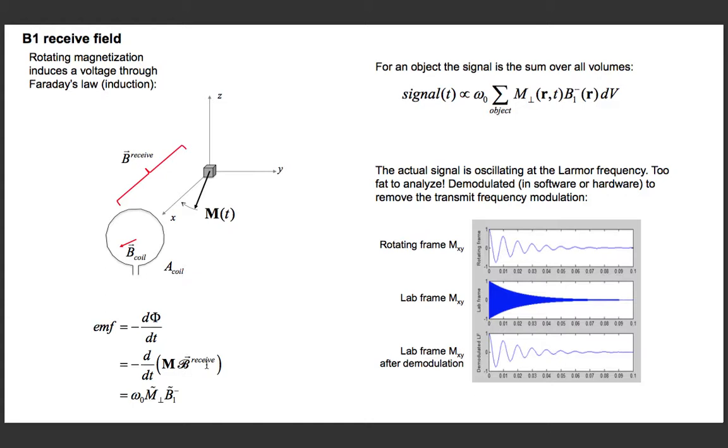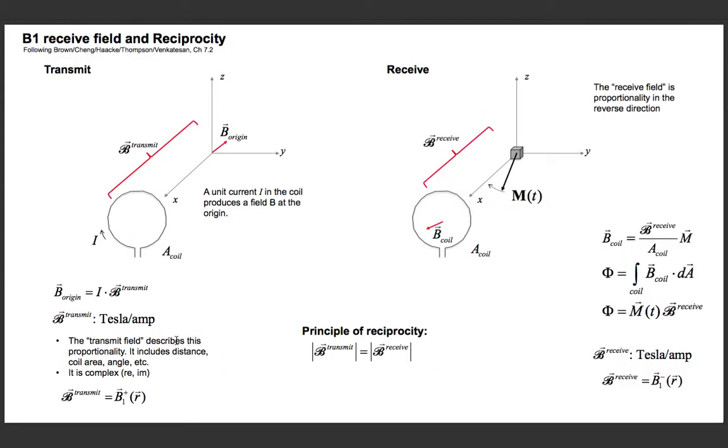Before I come back to this, though, let me explain a little. Go back one slide here to this new slide that I have on here, and talk a little bit about the transmit and receive fields. So to get a clearer understanding of how we calculate the signal in the coil that is generated from magnetization, let's first look at a different case, which is a transmit case here on the left side.